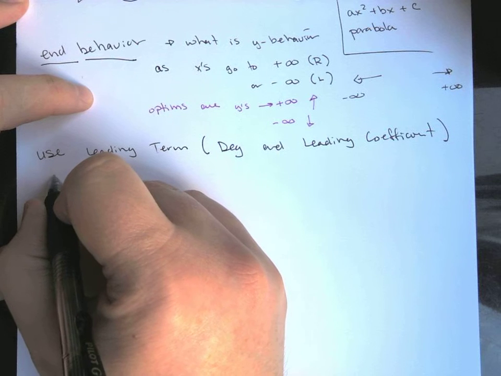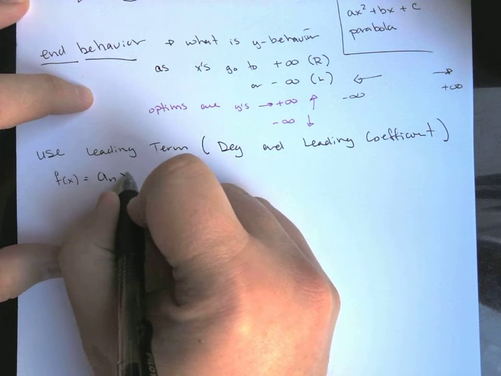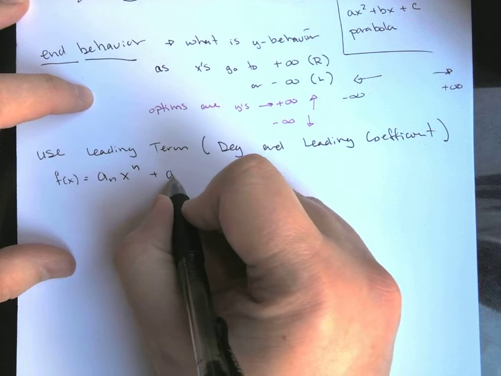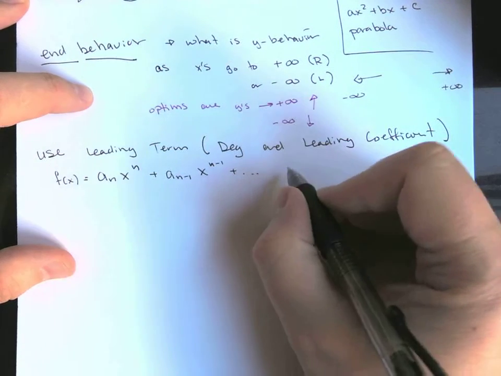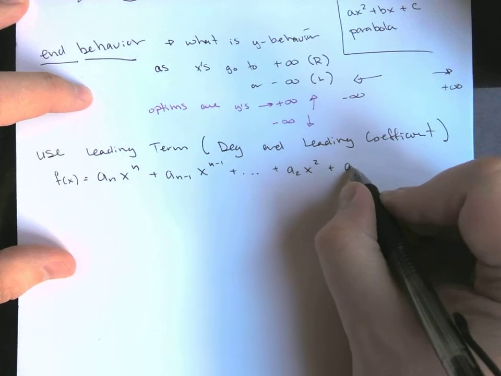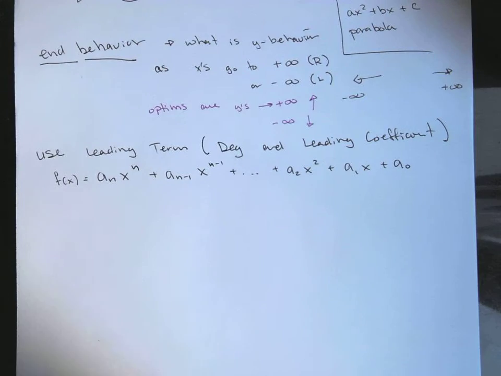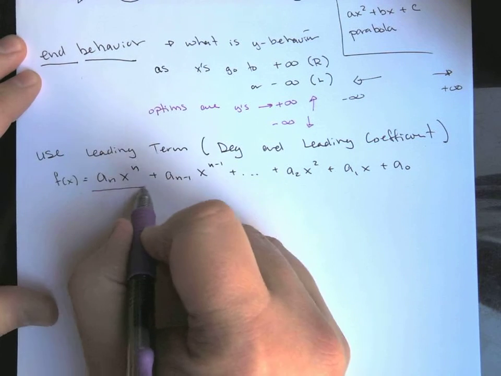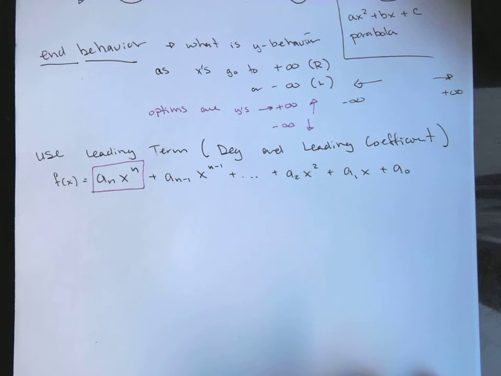So if our generic polynomial f of x is a_n x to the n, plus a_(n-1) x to the n minus 1, plus yada yada yada, a_2 x squared, a_1 x plus a_0, all the action for the end behavior is coming from our first term, that leading term.